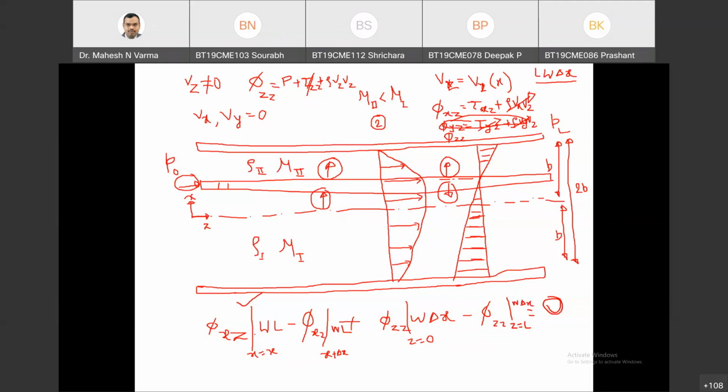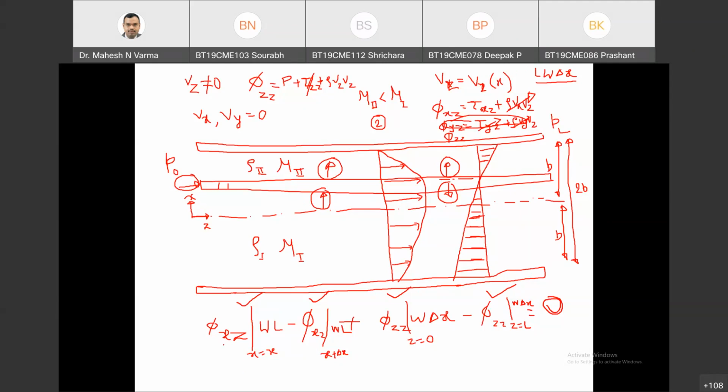This is the rate of momentum coming in, this is the rate of momentum going out in x direction, and similarly in z direction. There is no generation or consumption of momentum because there is no gravitational force acting in the direction of flow. So this will be equal to 0.